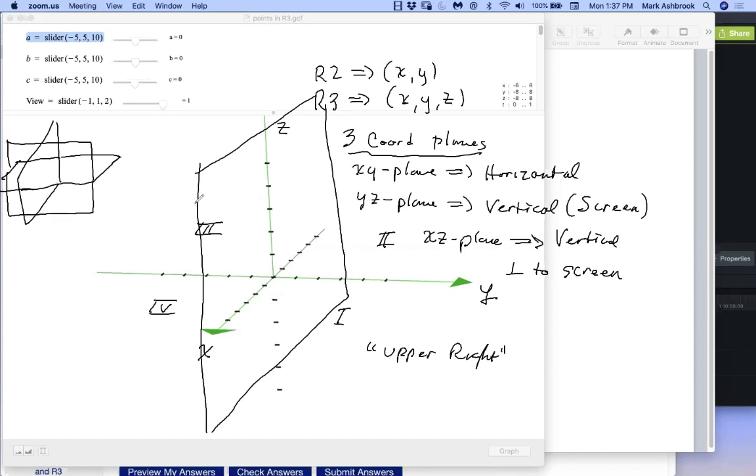It's not too bad. And so you've got 8 octants. And so let me show you. So the octants are numbered. They're numbered in the same kind of pattern as the quadrants. Okay, so let's look at that.